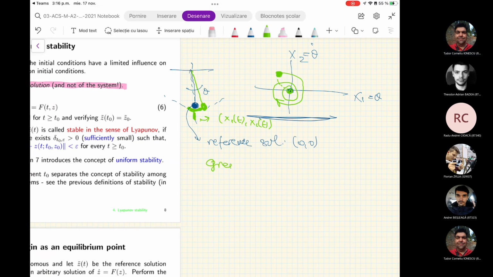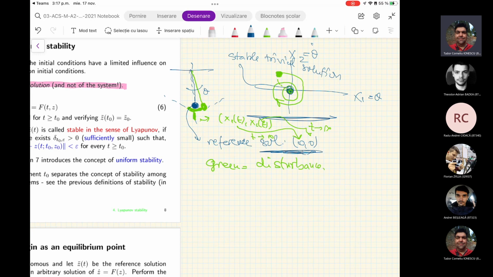So green is disturbance. And the green solution, if the equilibrium is stable, when t goes to infinity, assume that t is very big, will go to 0 if this is stable. So I can call this trajectory here, this is a stable trivial solution, a stable trivial reference solution. Am I making sense now?